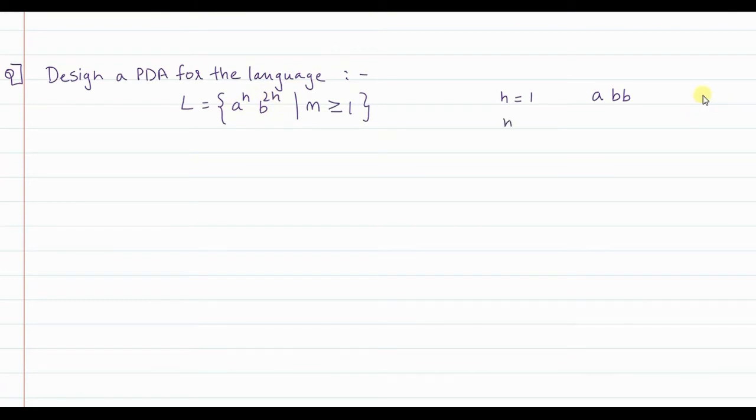When n is 2, you observe that you will have 2 a's and 4 b's. When n is 3, you will have 3 a's and 6 b's.